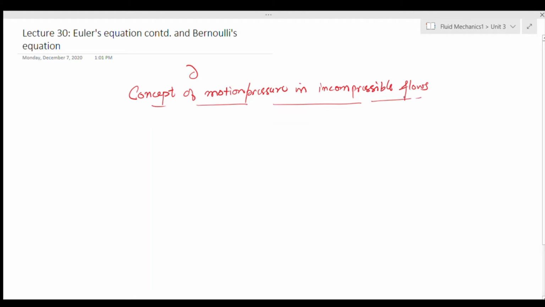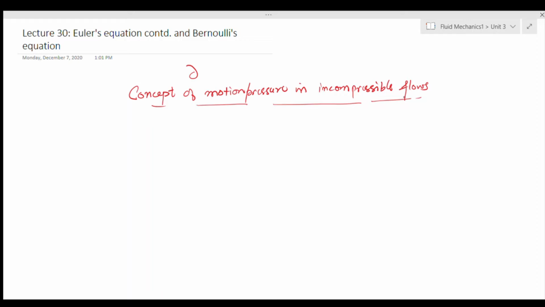We are talking about incompressible flows, and in incompressible flows we are asking what causes this fluid flow. This fluid flow is caused by two kinds of forces, a body force and a surface force. Body force is acceleration due to gravity, and surface force is the pressure force.